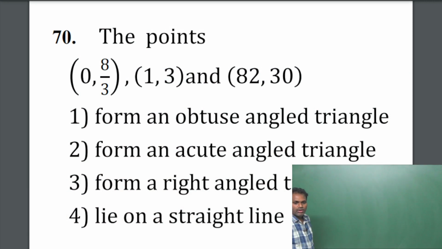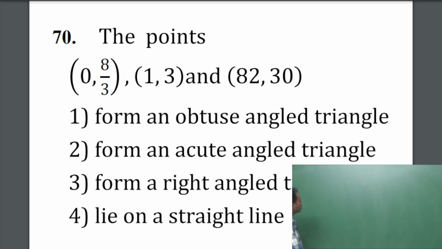Next, do the points 0, 8 by 3, 1, 3 and 82, 30 form an obtuse angle triangle, form an acute angle triangle, form a right angle triangle, or lie on a straight line?